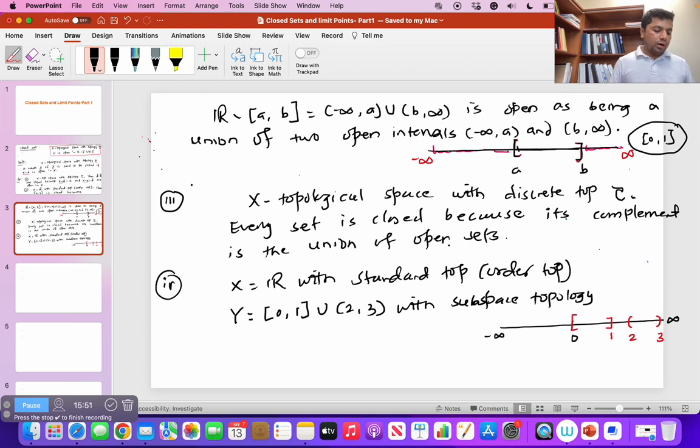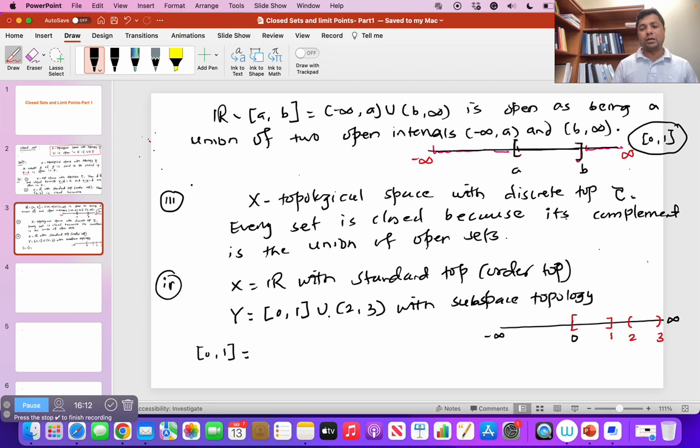Now those two intervals, the first one, 0 to 1, is going to be open in Y in the subspace topology.